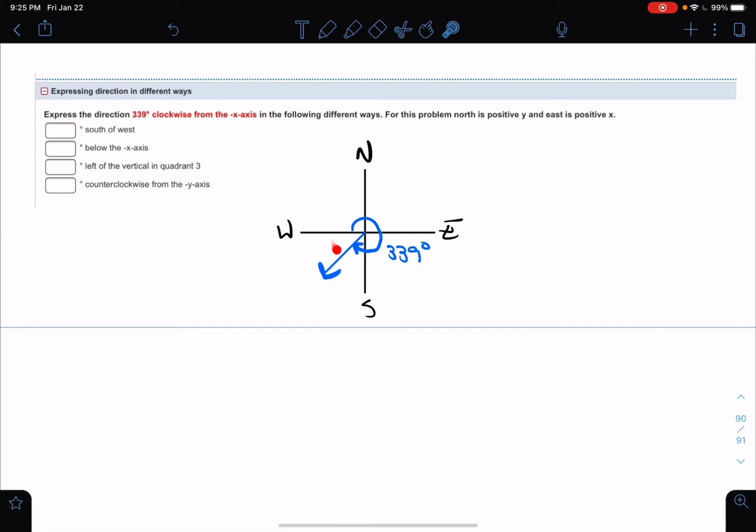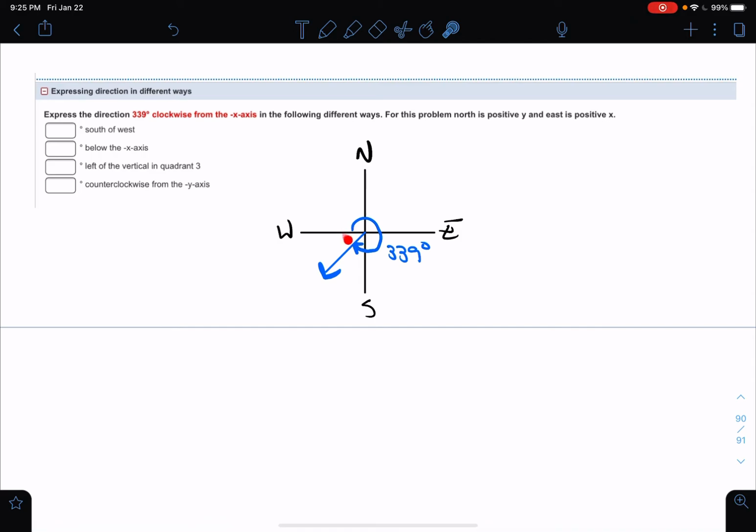Okay, I have a couple of ways of getting that. The first way that comes to mind is actually the approach I was just doing. I know all the way around is 360, and I know this is 339.